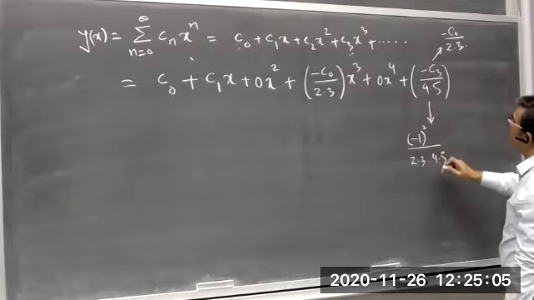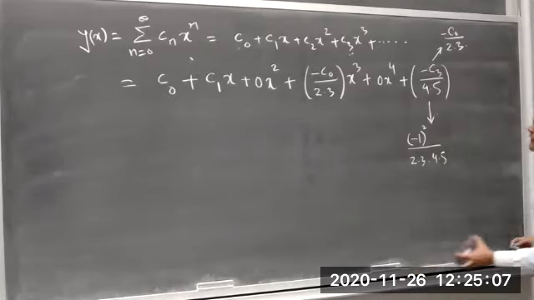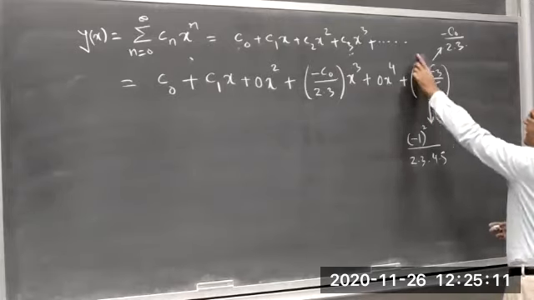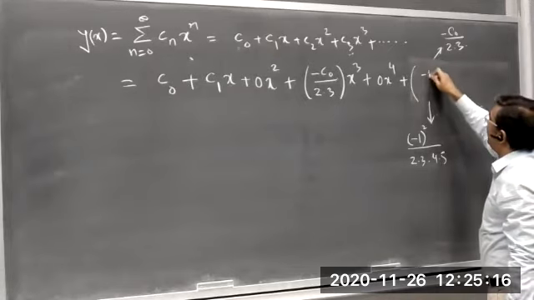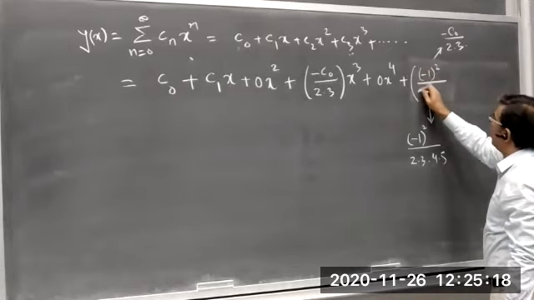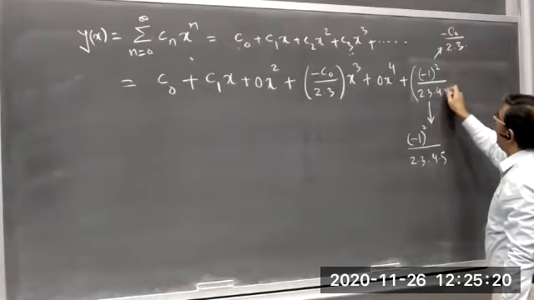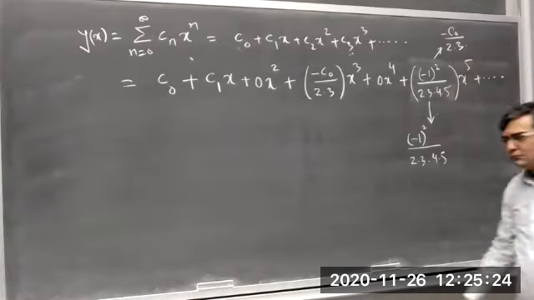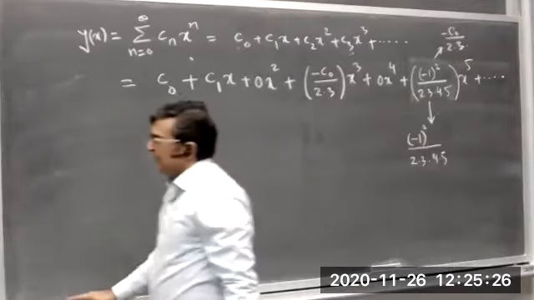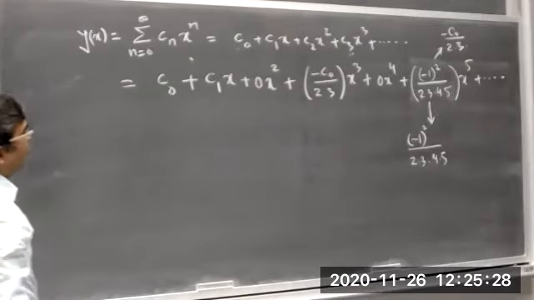So this is your c5. We can directly write it here: negative 1 raised to power 2 divided by 2 into 3 into 4 into 5, x power 5, and plus so on.